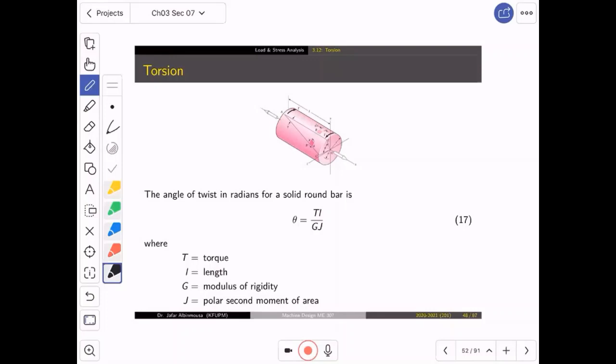You can imagine that theta, as an angle, will increase if you twist more. As the torque goes up, the theta will be larger.